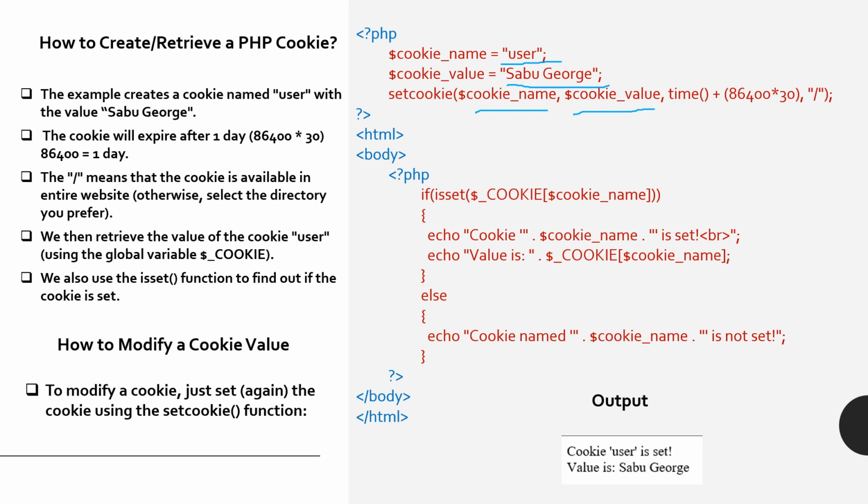Usually for time, I already told you, 3600 into 24 is this figure, into the number of days. Path also I told you, that is applicable for all, which is why the forward slash is specified. Then we are checking whether it is set or not.